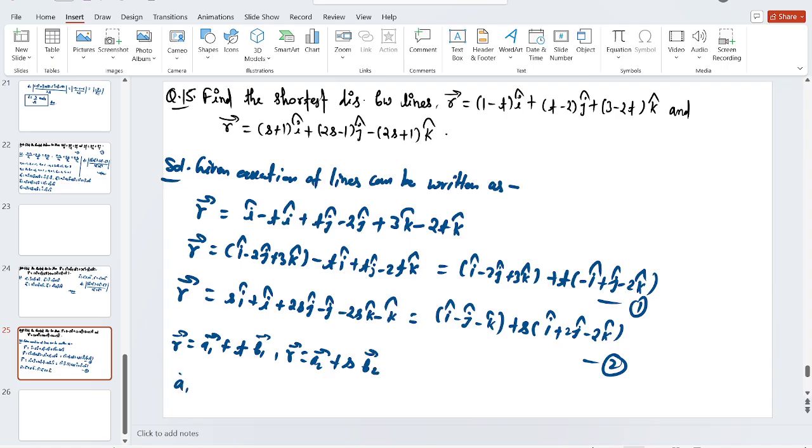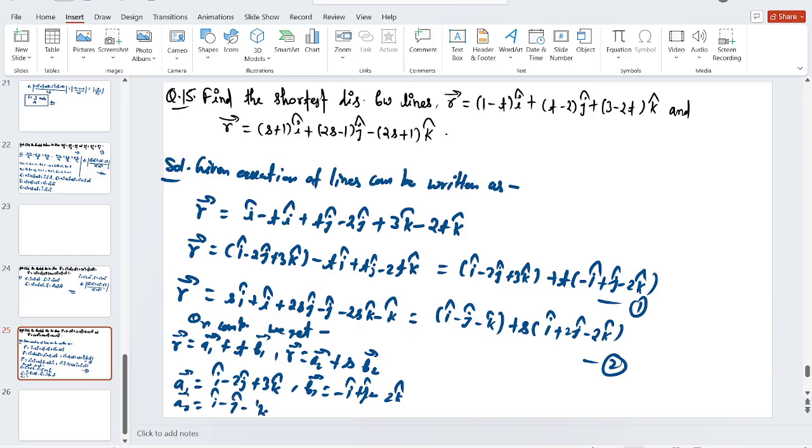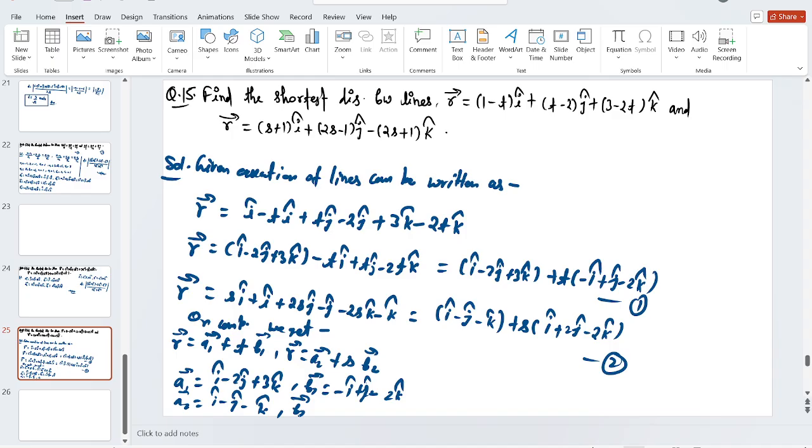So on comparing, vector a1 equals i cap minus 2j cap plus 3k cap, vector b1 equals minus i cap plus j cap minus 2k cap, vector a2 equals i cap minus j cap minus k cap, and vector b2 equals i cap plus 2j cap minus 2k cap.